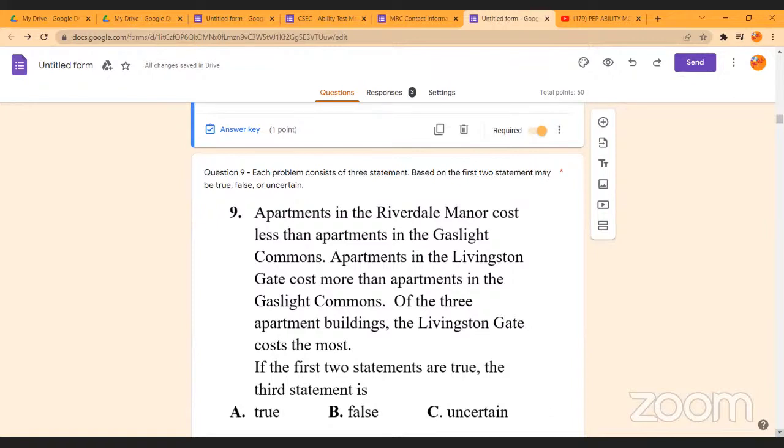Based on the first two statements, the third may be true, false, or uncertain. All right, nice, good. Continue reading for me.